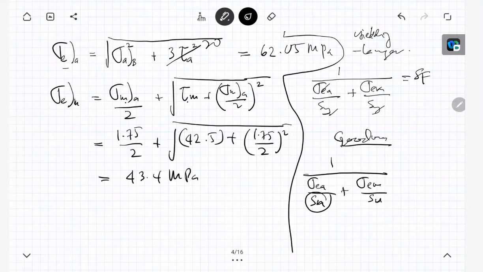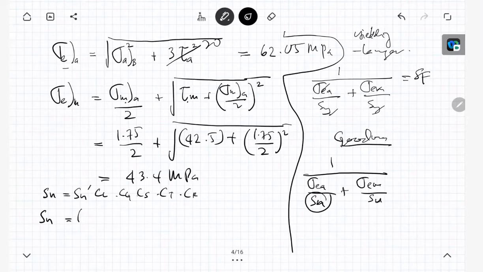Endurance limit. So endurance limit, Sn equal to Sn prime, Cl, Cg, Cs, and the other factors. Sn prime is 0.5 times ultimate strength. So 0.5 times ultimate strength is 1900.